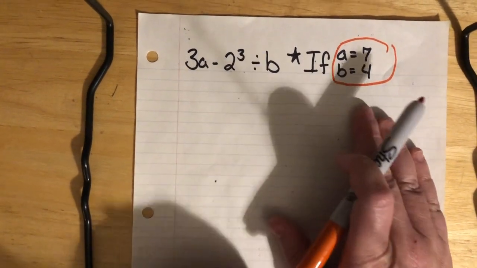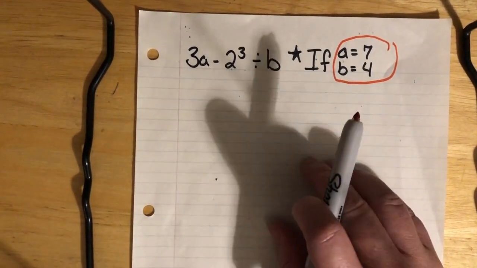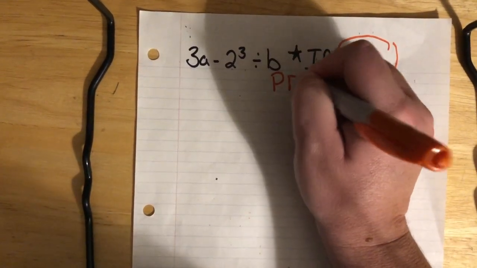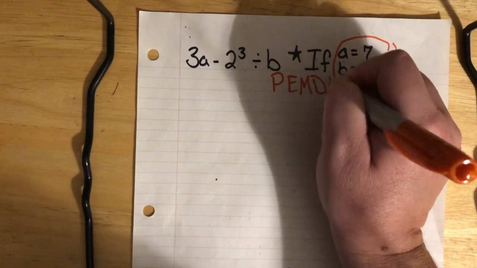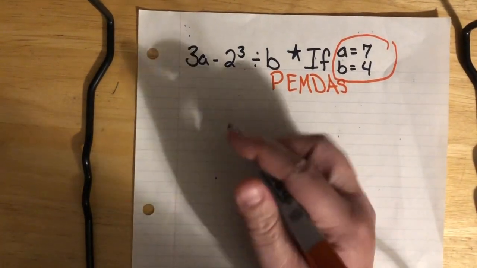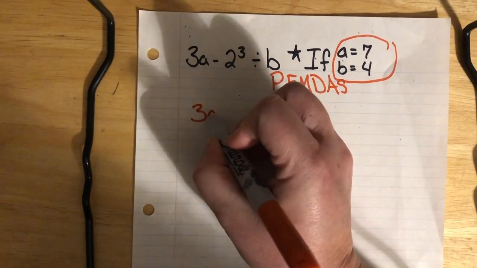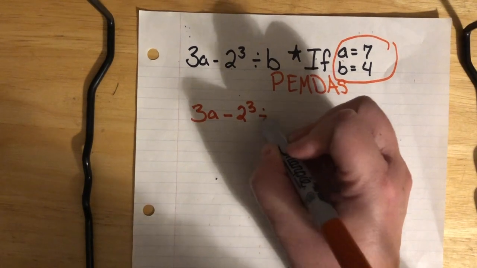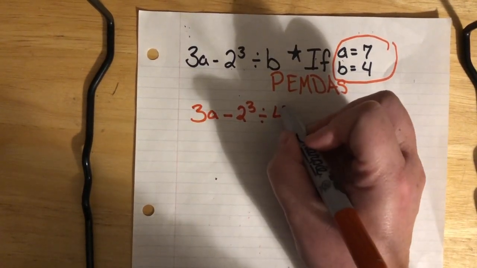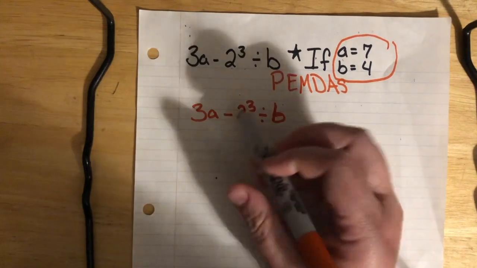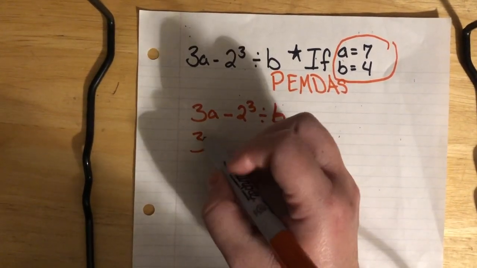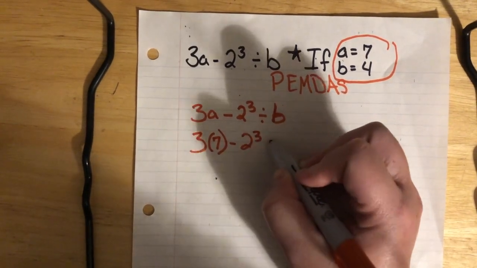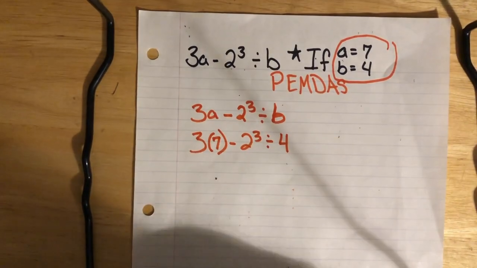But since they give you the variables, we can actually do this out. So if we remember PEMDAS and we plug in, it would look like this: 3a minus 2 to the third divided by 4, or divided by b, and then plug in. Whenever we have an a, we're going to plug in 7. Whenever we have a b, we're going to plug in 4.